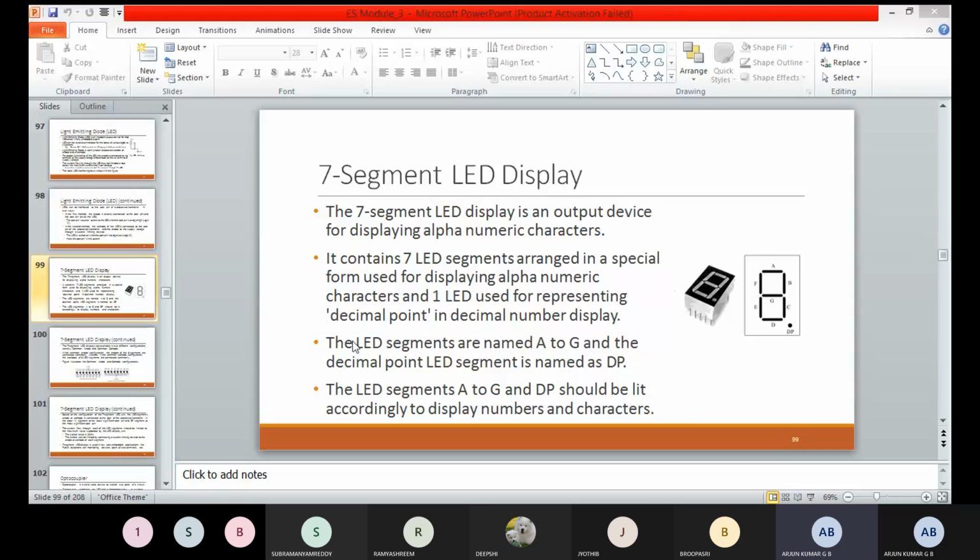In the first figure, you can see all the anodes are connected commonly. Commonly means all anodes will be interconnected. You can see all from A to DP, there are 7 segments and then 1 DP. All the anodes are shorted. This is a common anode.